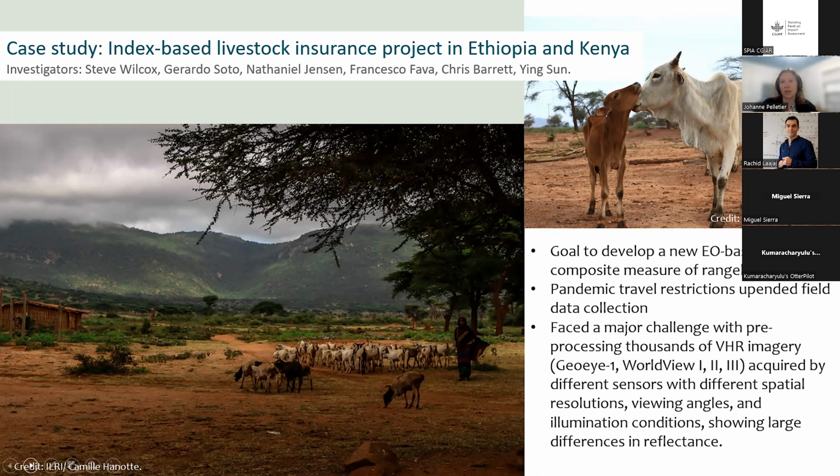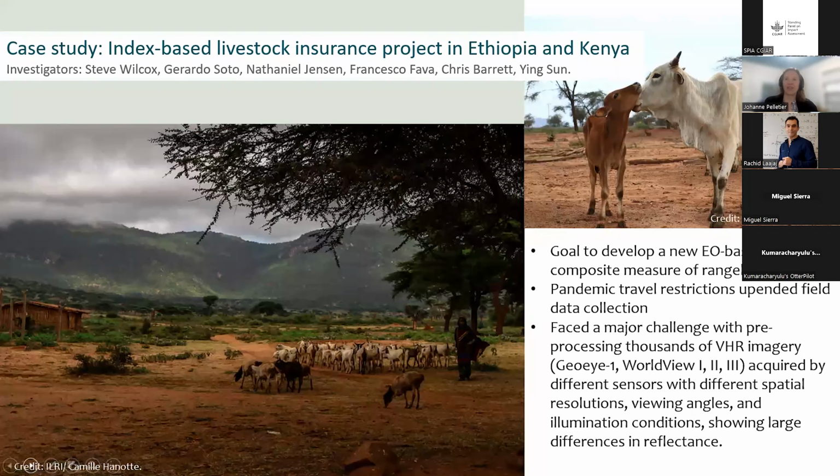The goal of the project was to understand the long-term rangeland ecosystem health outcome in Ethiopia and Kenya. So the project has been constructing a new Earth observation-based composite measure of rangeland health. Just like for our health, it's not just my heart rate that's a sign of good health. It's also a combination of indicators that they retrieve from remote sensing.